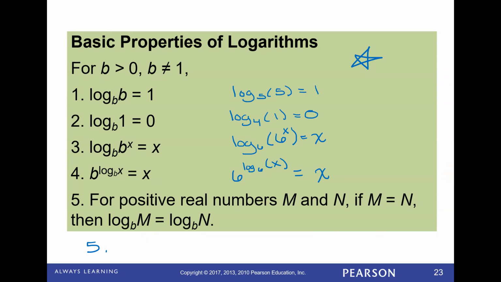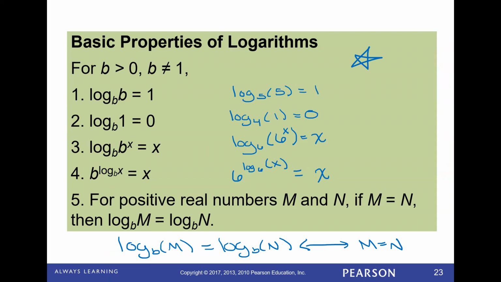So what a lot of people end up writing is that if I have log base b of m equals log base b of n, then that's the same thing as saying the insides of those logs are equal. Again, a lot of people write this instead of the format you can see here.